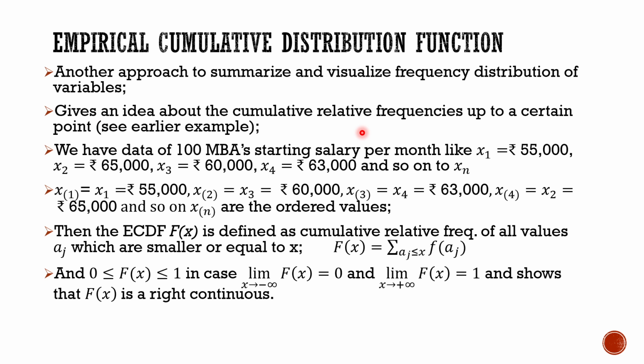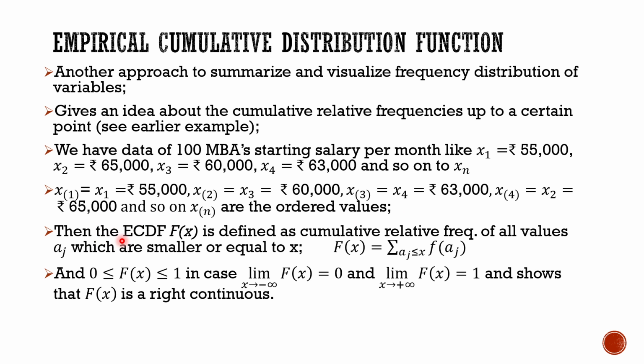You can see the earlier example, where we have data on 100 MBA graduates' starting salary per month, like x1, x2. These are different values of x. It may go to xn, and here n would be 100. Now you can sort and order the data, like 55,000 is the minimum here, then 60,000, 63, 65 and so on.